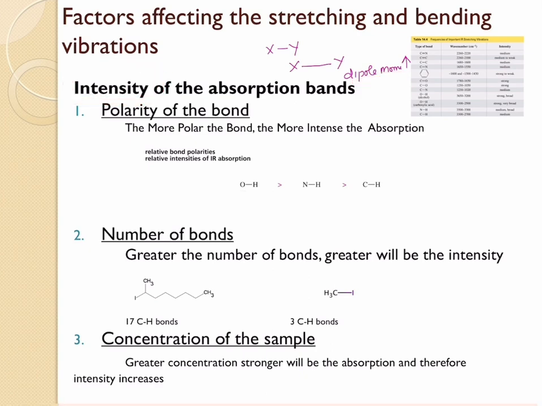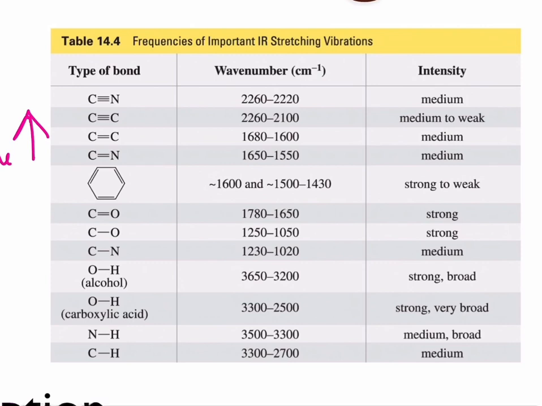Let's do this with an example. Let's take a look into the C double bond O and C double bond C. Between these two, when you take a look into the stretching frequencies for these two types of bonds, you can see that they are about the same, right? If that's the case, how can we differentiate between these two different types of bonds? That is by intensity.